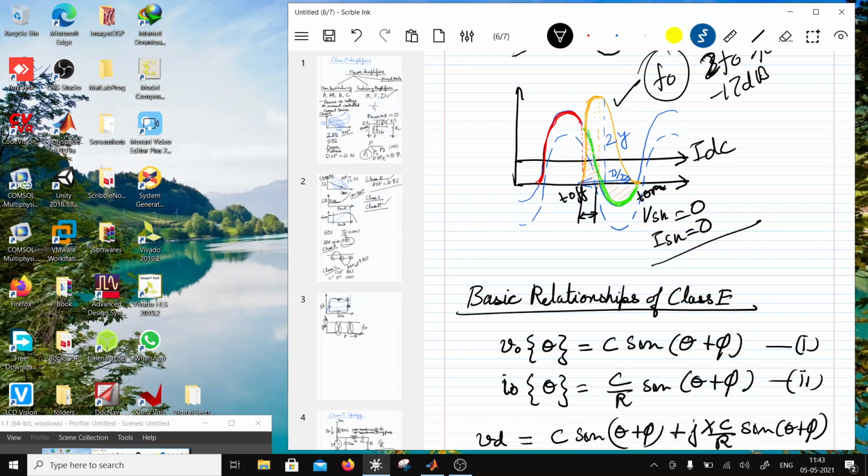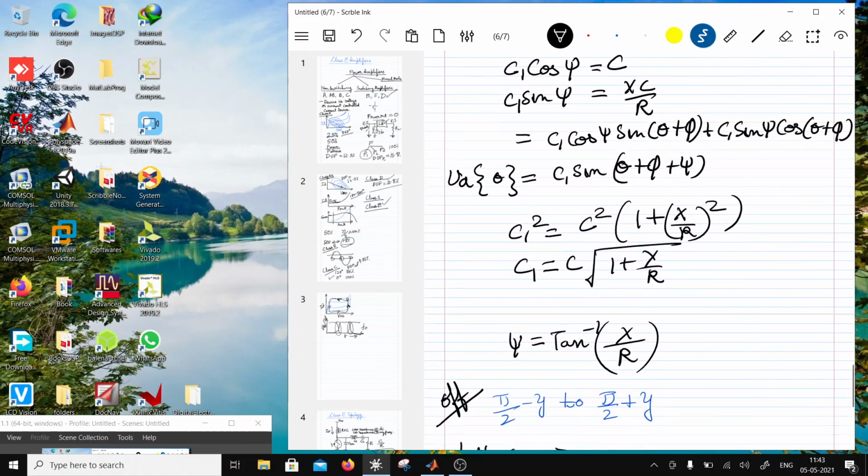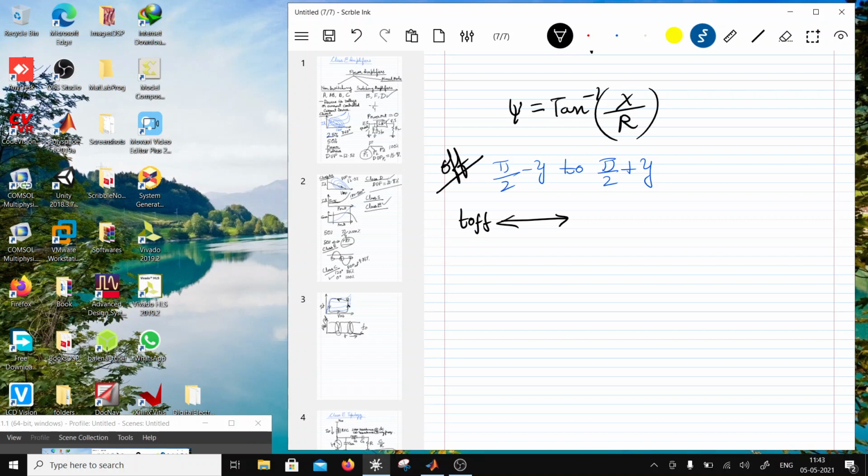So I am going from T off to this zero crossing, right? Yeah, so that is phi. Okay, so that phi is over here. So the output waveform is basically delayed. The output waveform is delayed from the switching waveform by this phi.